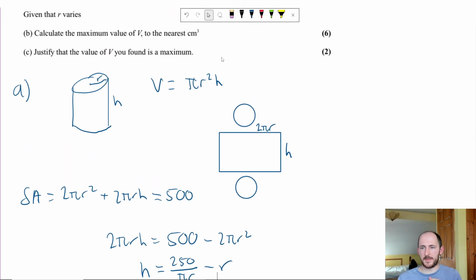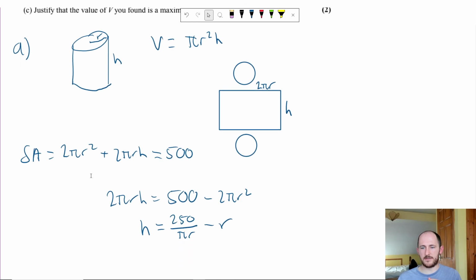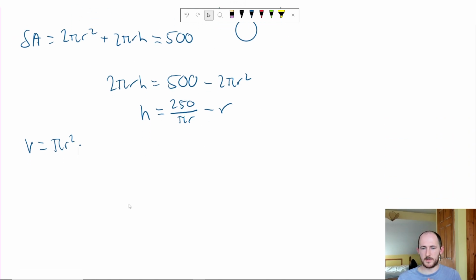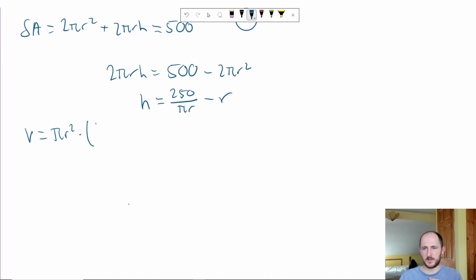Cool. Subbing that into this formula that we have up here, we have v is equal to pi r squared times h, so times all of this juicy stuff. So we have 250 over pi r minus r. So the pi and the pi are going to cancel. The r squared and the r is going to cancel a bit.